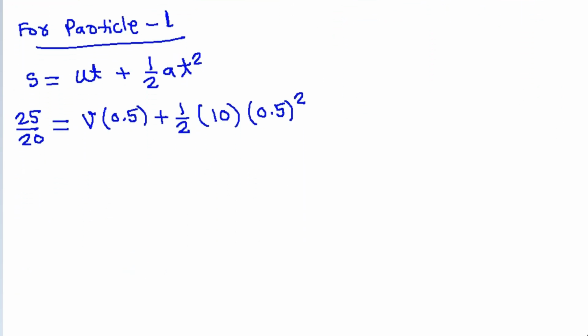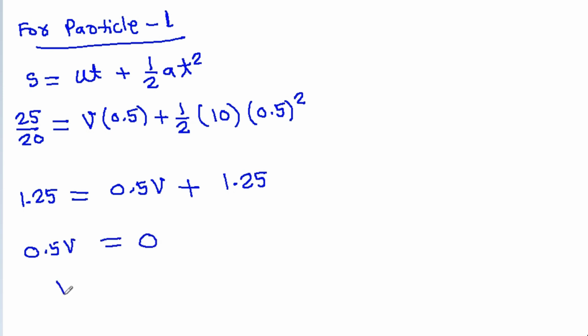We get 25 by 20, which is 1.25, is equal to 0.5 v plus 5 into 0.25, which is 1.25. So we get 0.5 v is equal to 0, or v is equal to 0.